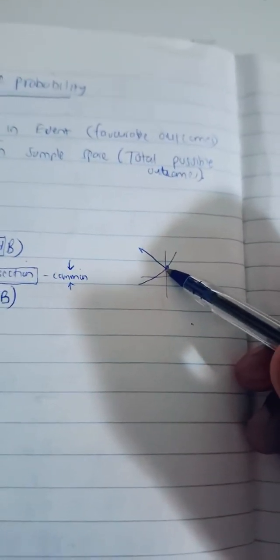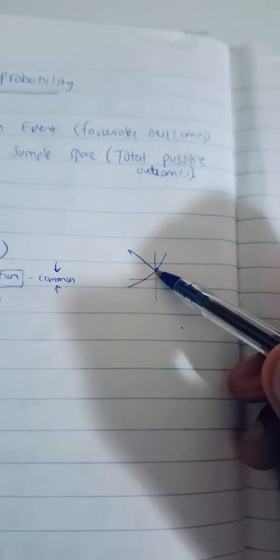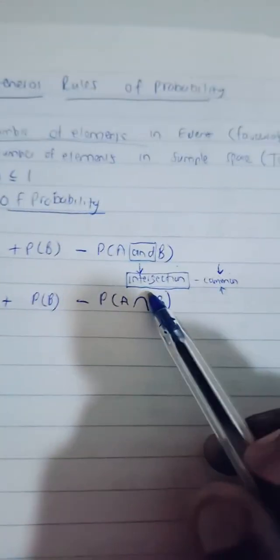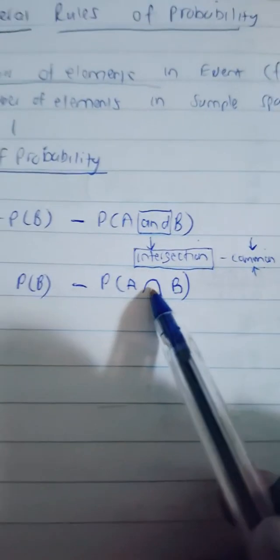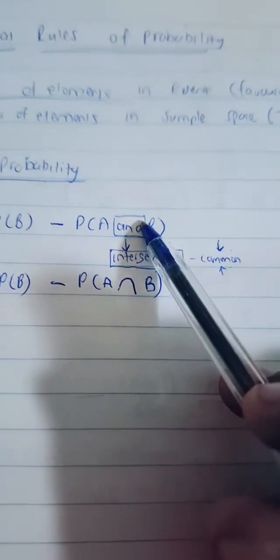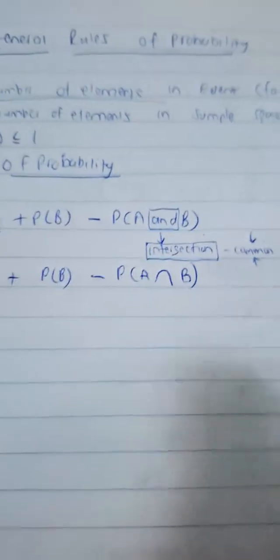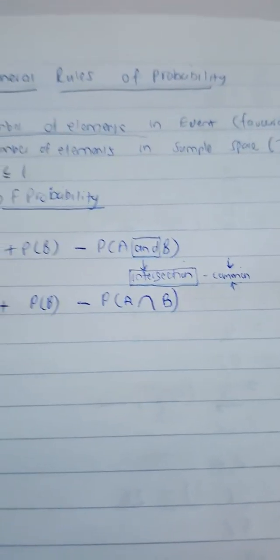That's where the functions meet, where they have a common value that the two functions share. In set notation, the intersection symbol is that upside down U. It's no longer the proper U, and it stands for and. So the intersection of A and B.